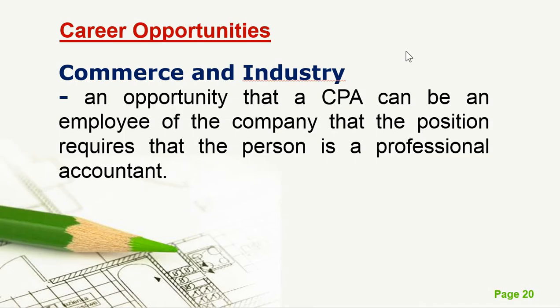Second is commerce and industry or private accounting. This is an opportunity that a CPA can be an employee of the company, where the position requires that the person is a professional accountant.